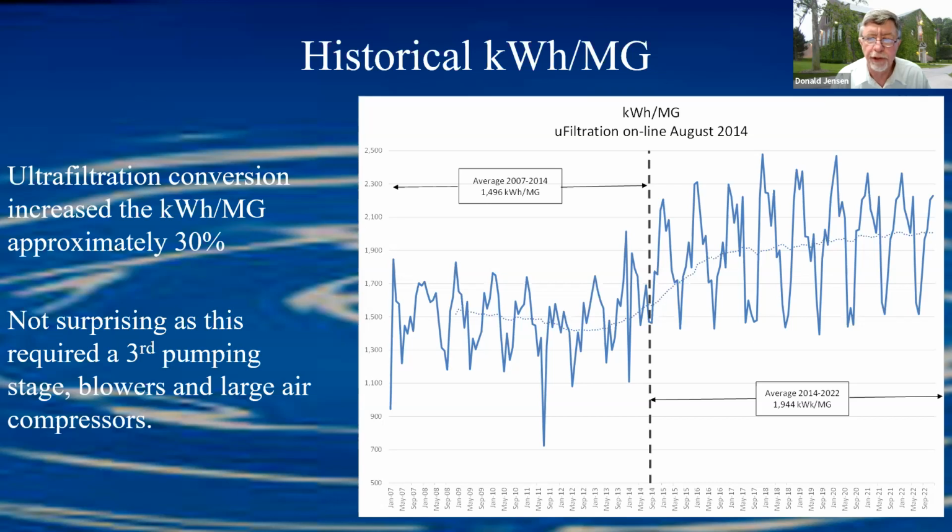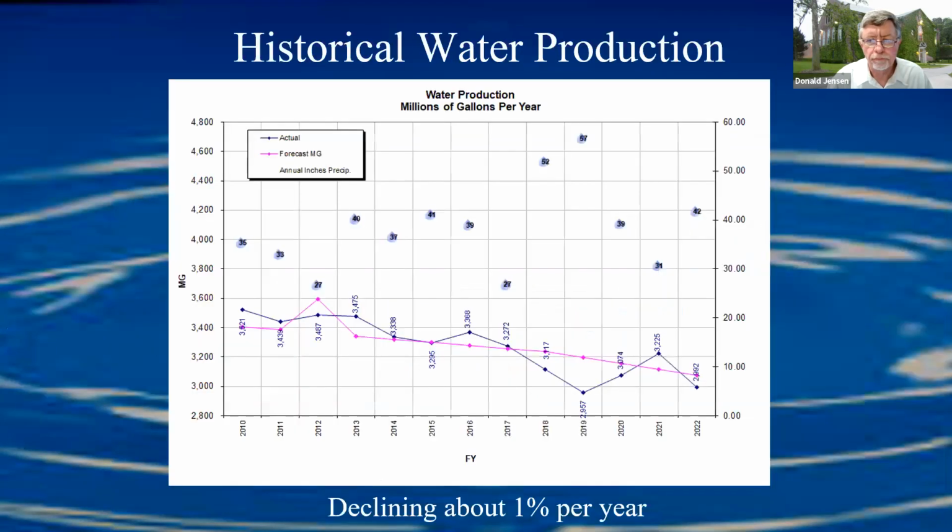So that vacuum stage is a third pumping stage we've had to add. There are other demands. We use big blowers and a lot of air pressure to operate the fibers as well. So there's a lot of additional demand in terms of power.